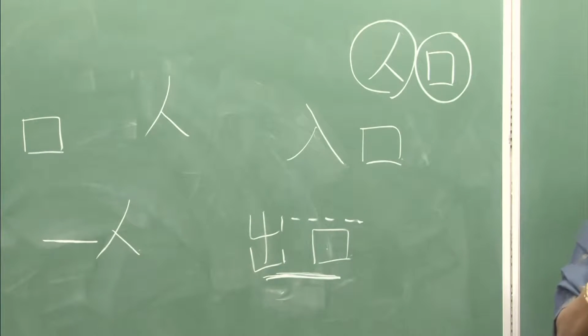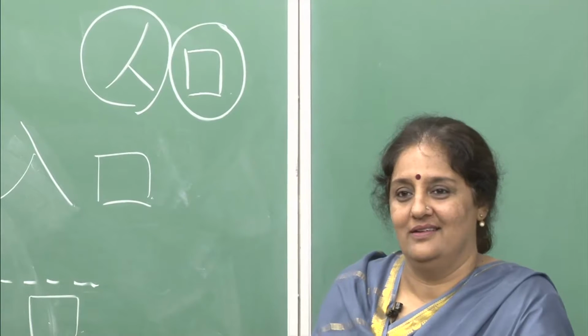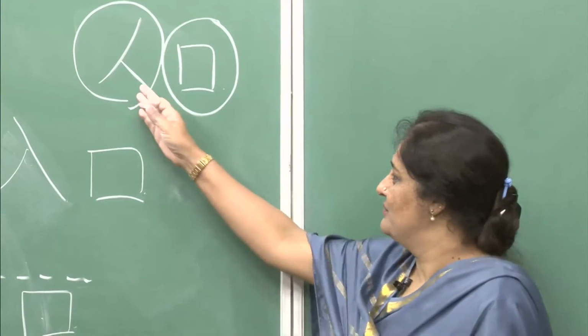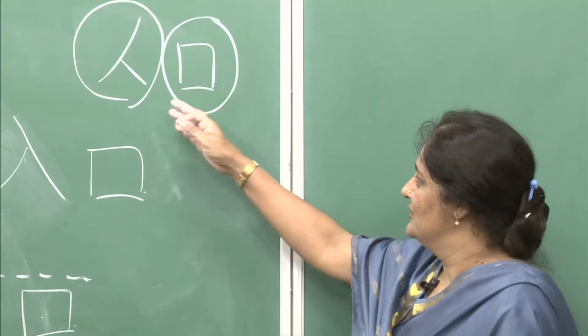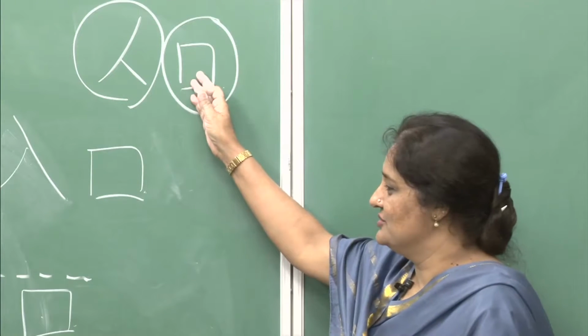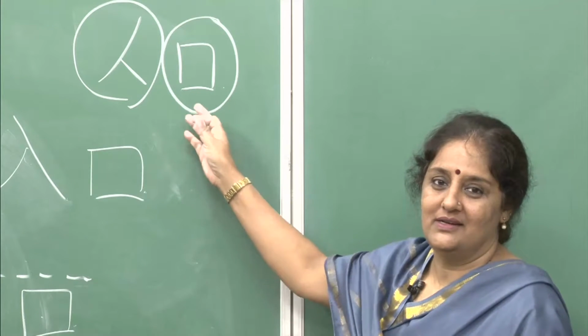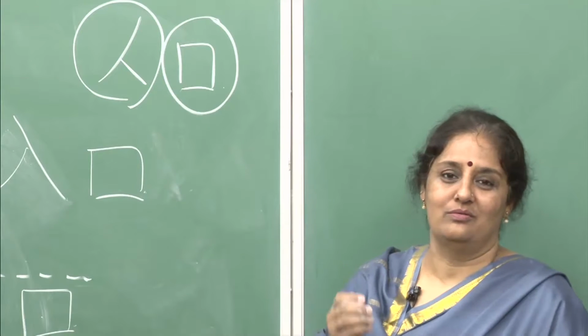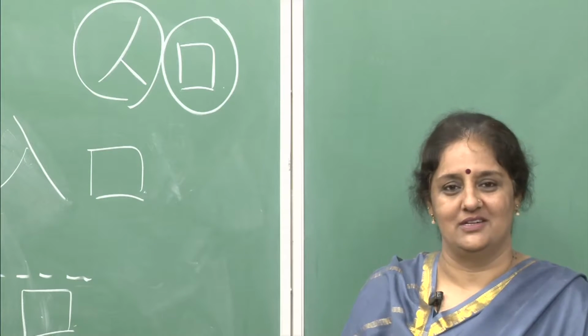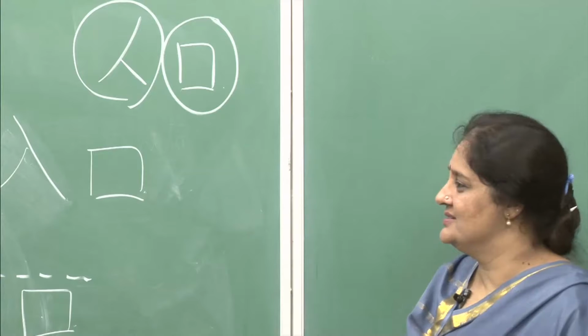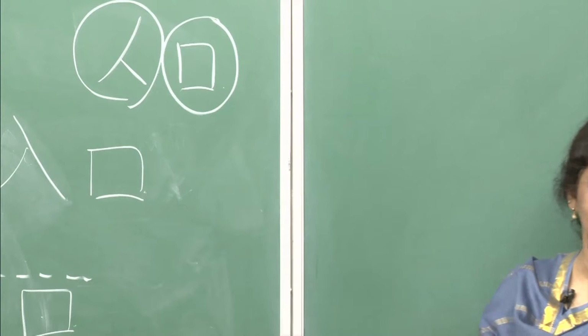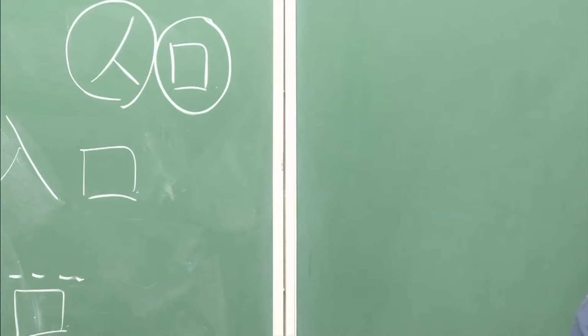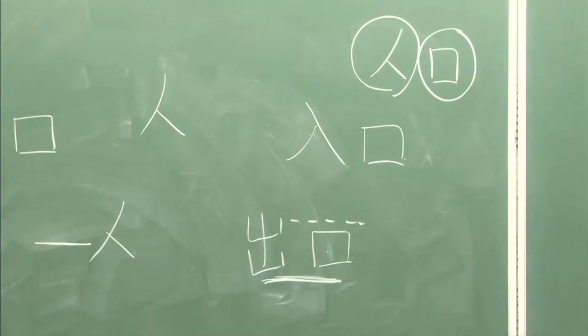What could it be? Well, very simple, people and mouth. So many mouths to feed, that is jinko, which is population. So this is how kanji is helpful. It is interesting and nice to learn as well.